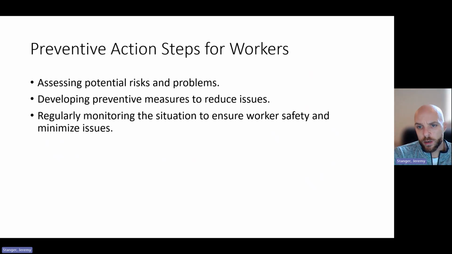Regularly monitoring the situation, ensure worker safety and minimize issues. So again, regularly monitoring the situations, the work environment, the near misses that come through, the observations, reading the observations, what's being suggested, we're giving feedback, all this is tied in together.